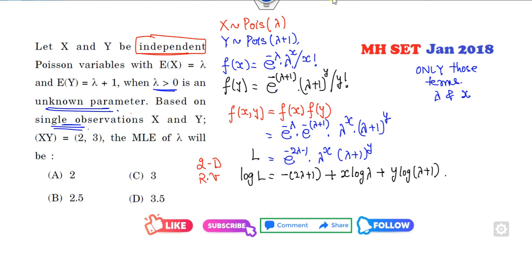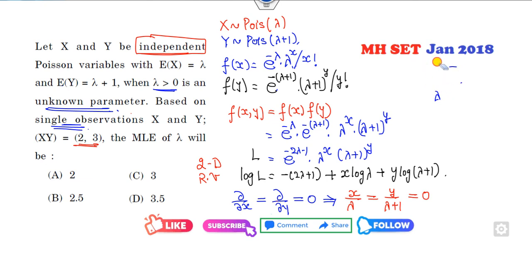Now, because it is a function of x and y both, the derivative with respect to lambda should be 0. That gives minus 2 plus x over lambda plus y over lambda plus 1 equals 0. The values of x and y are given as 2 and 3, so I can substitute here: 2 over lambda plus 3 over lambda plus 1 equals 2.